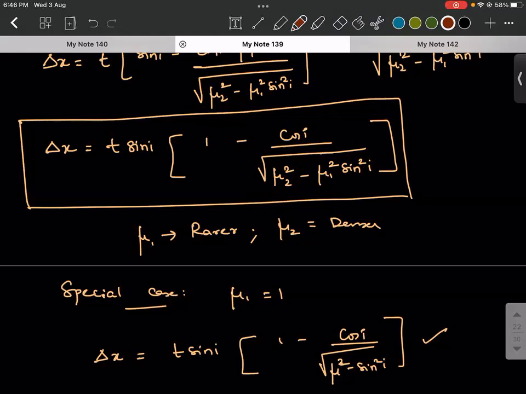See, T sin I, replace it as I. When the angle is small, sin I is approximated to I, but cos I is approximated to 1, because cos is a decreasing function. So 1 divided by root of mu square minus, it will actually be root of mu square minus I square. Check the formula again.